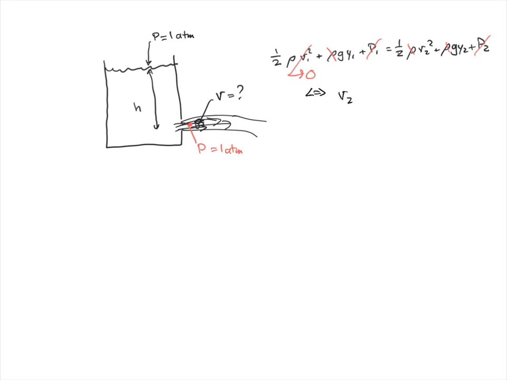So v2, let's do it in 2 steps. v2 squared would be, what's left on the left side is g y1, and then I've got to subtract out this term here, the g y2, so y1 minus y2. y1 minus y2, that's what we're calling h. And so v2, oh, I missed a factor of 1/2. This should be 1/2 v2 squared equals that. So v2 would be the square root of 2gh.